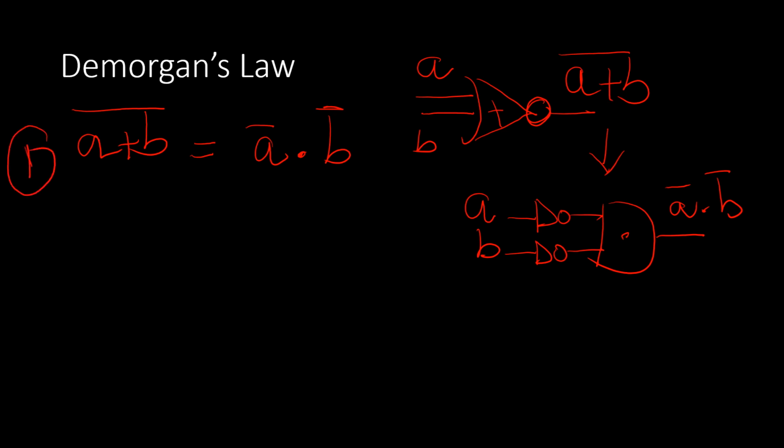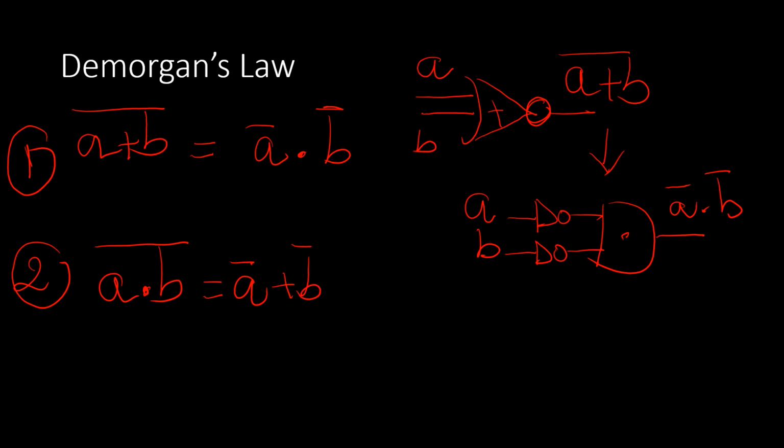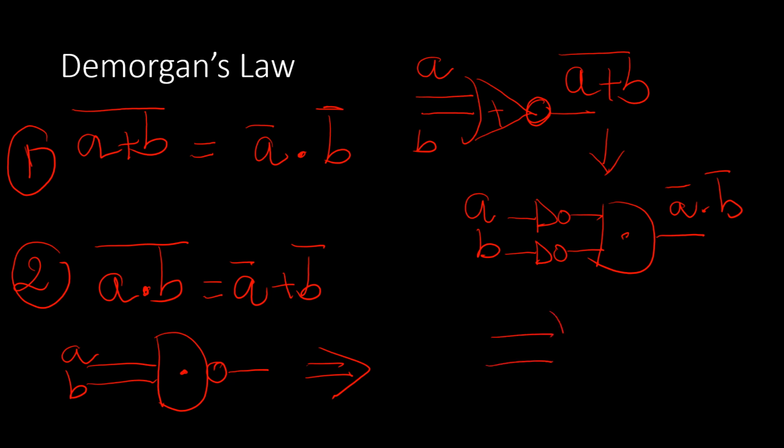The second De Morgan's law, we apply it on the NAND operation. So if I have A NANDed with B, this is equivalent to A complement or B complement. So what does this mean? It means if I have a NAND logic gate, I can convert this logic gate to an OR logic gate, but where the inputs are inverted.